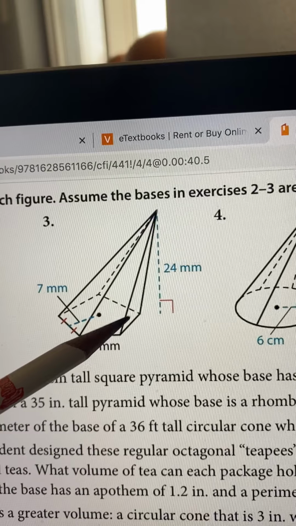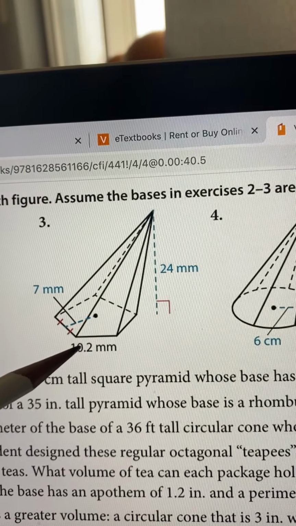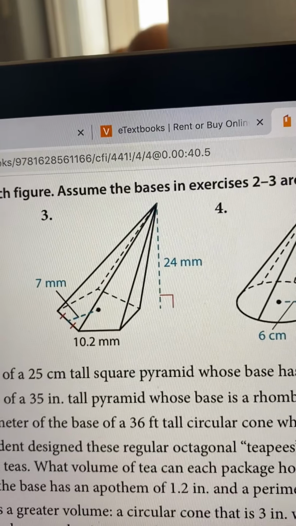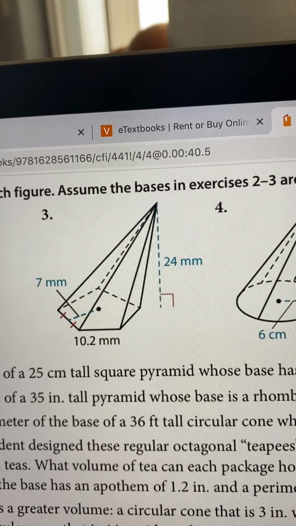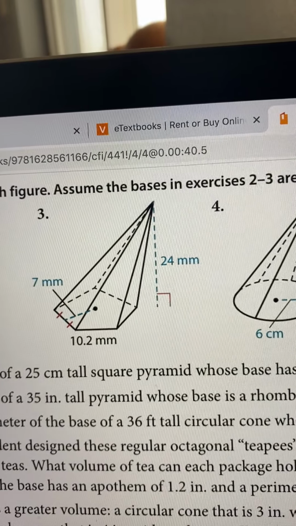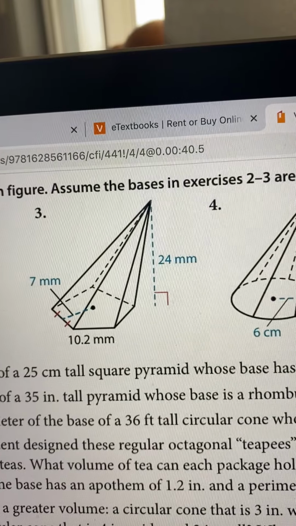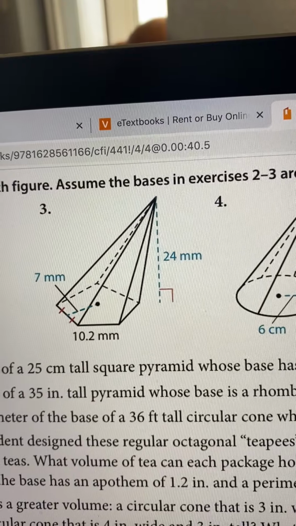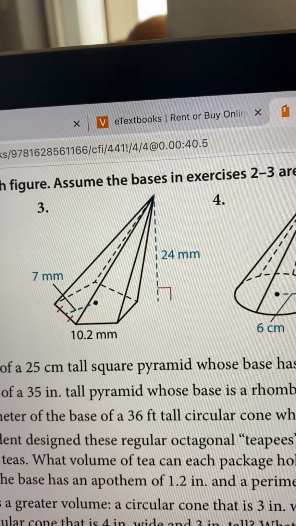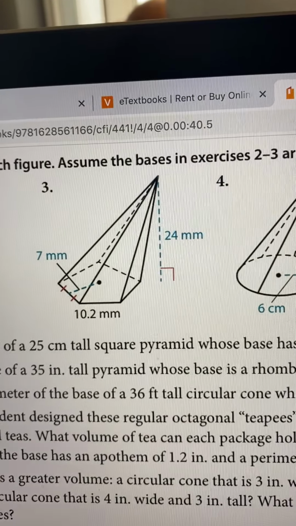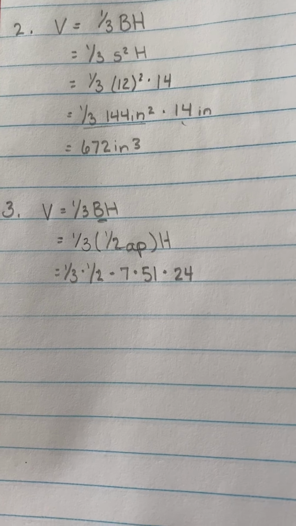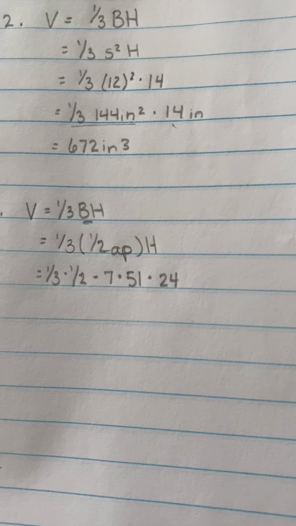So we have 5 sides, each being 10.2, so 10.2 times 5 equals 51. So our perimeter is 51, and our perpendicular height is 24. Once you sub that all in, that's what your equation will look like.